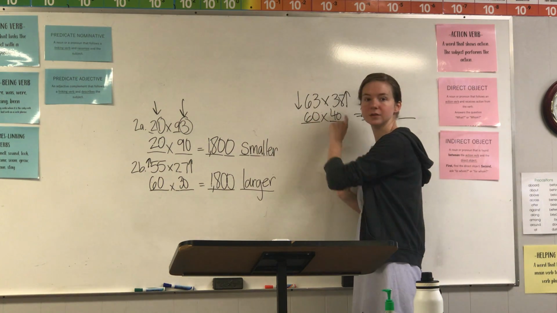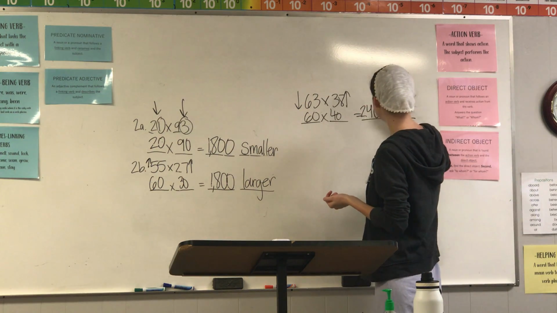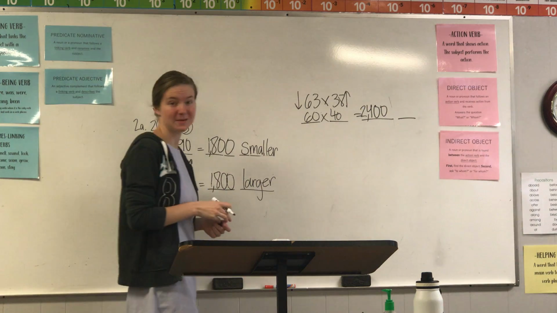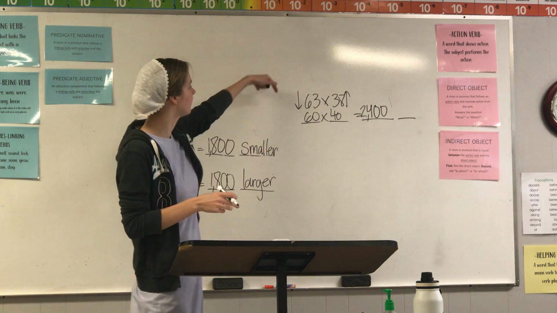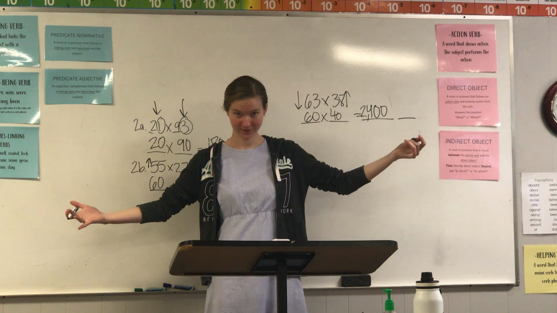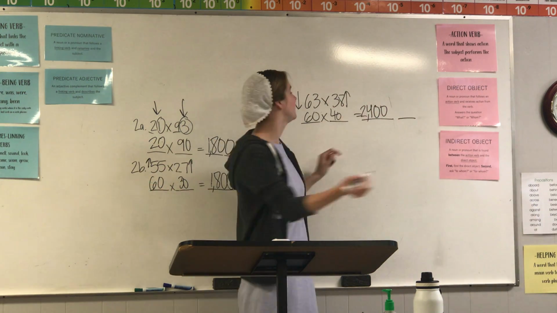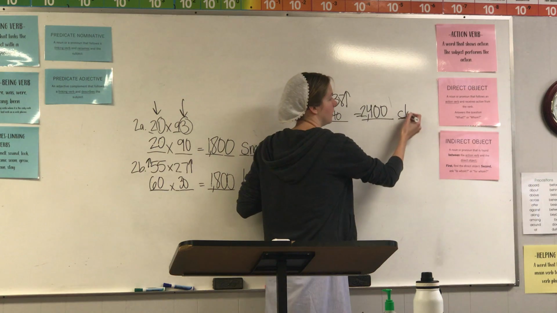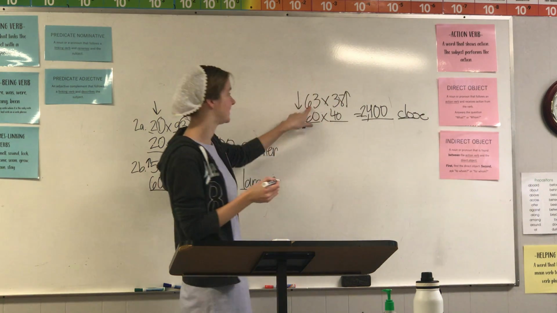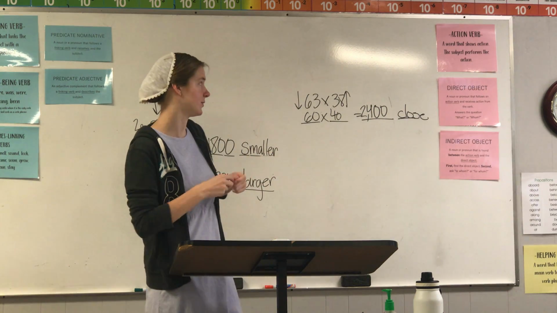Now we have 2 zeros in both factors, so we're going to add the 2 zeros. 2,400. That's our estimate answer. We rounded down the first factor, we rounded up the second factor. Our estimate answer would be very close to the exact answer if we would have multiplied 63 times 38. Very close, all right?